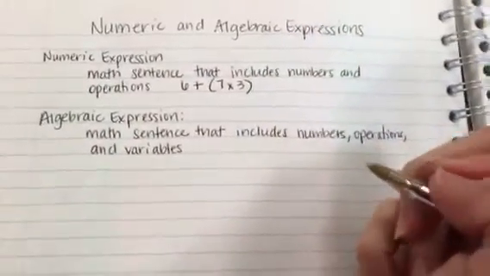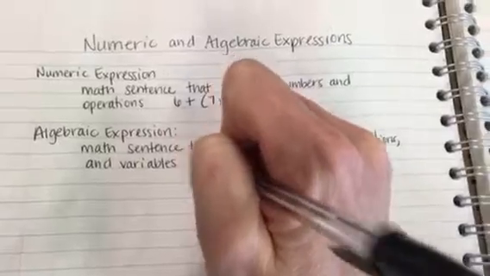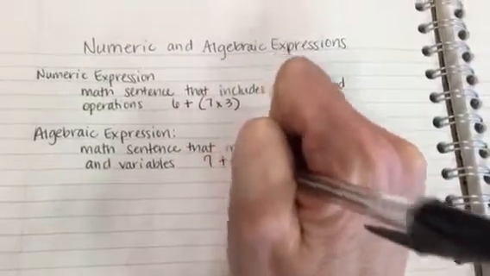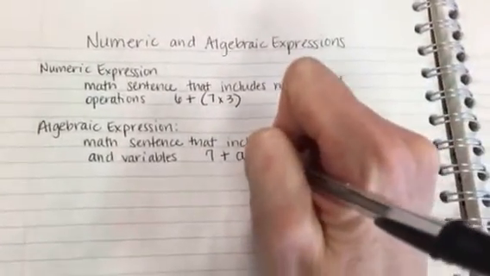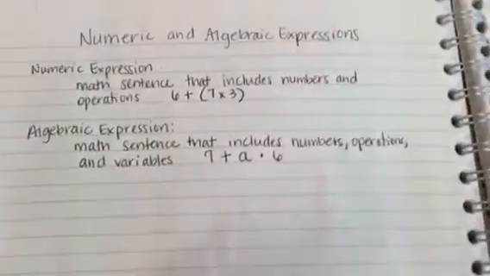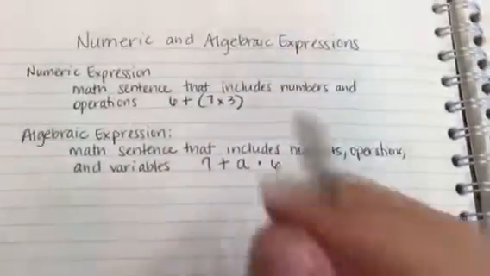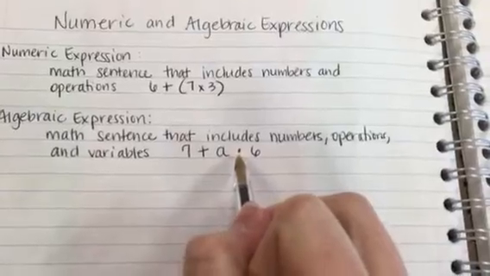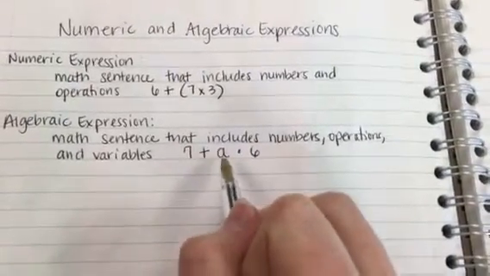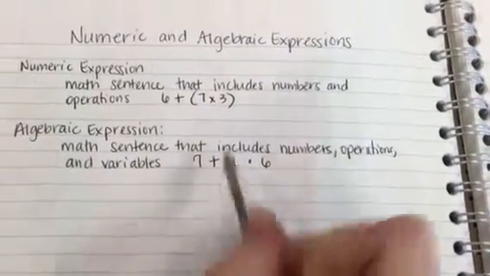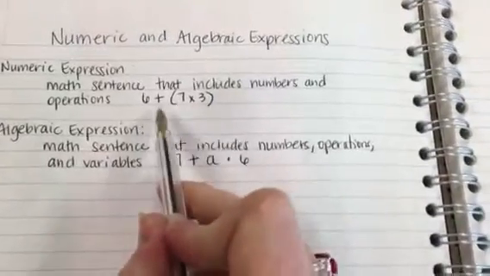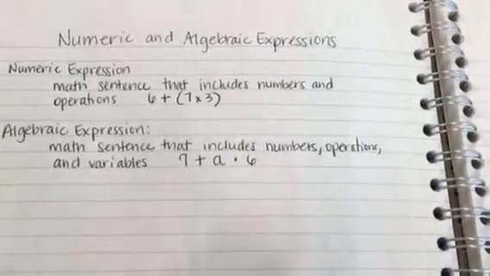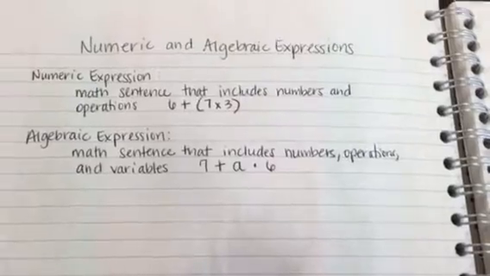It might look something like this: 7 plus a times 6. Notice this also includes some operations, but we also have this variable thrown into the mix, which means we can't solve it quite as simply as we can with the numeric expressions up here.